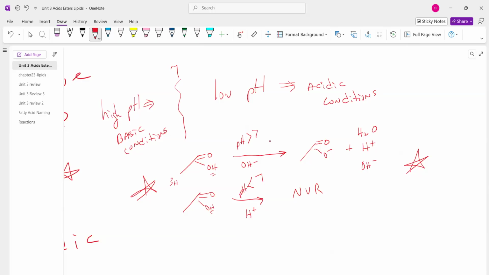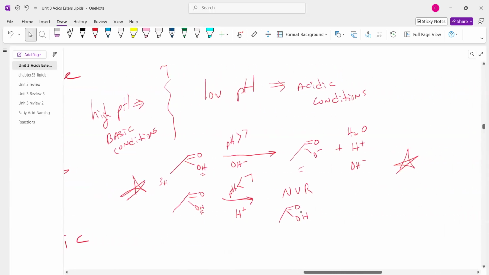It's the H on the end of that oxygen that comes off and forms water. And this is the conjugate base. In an acidic environment, there's nothing to pull off the H, so the acid remains intact. Let me redraw that. Okay, yeah, thank you.